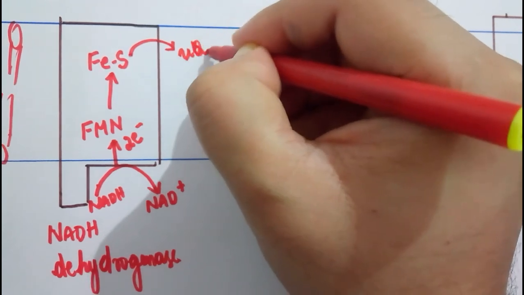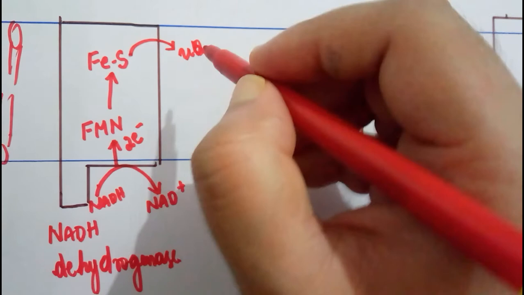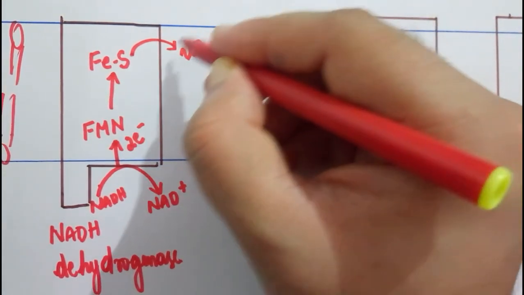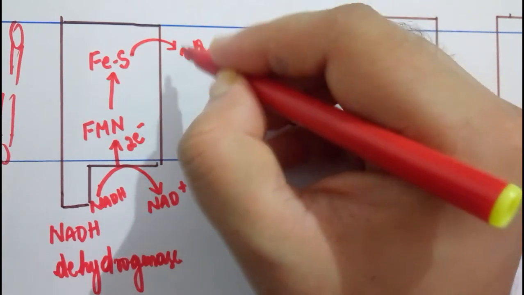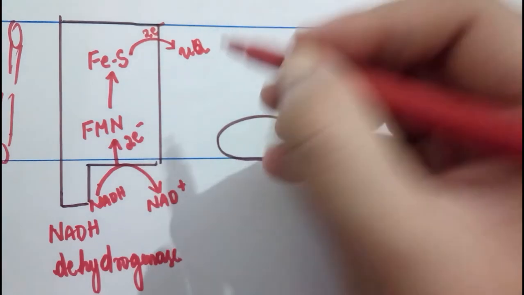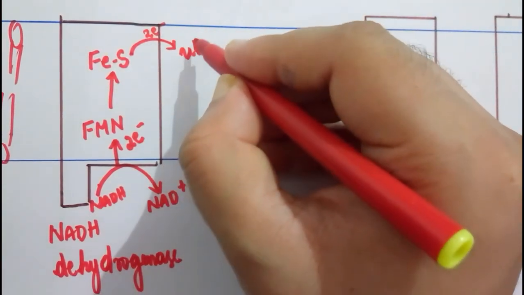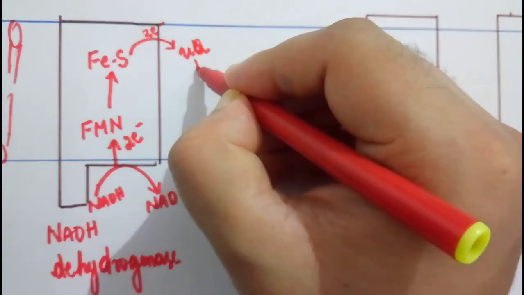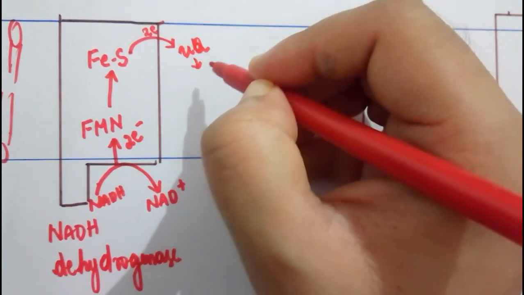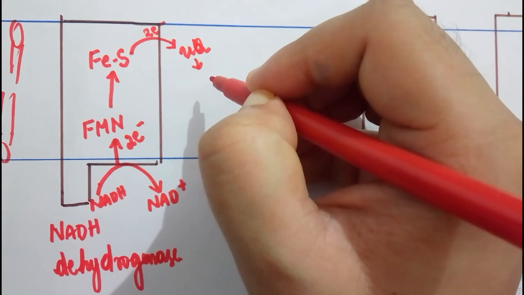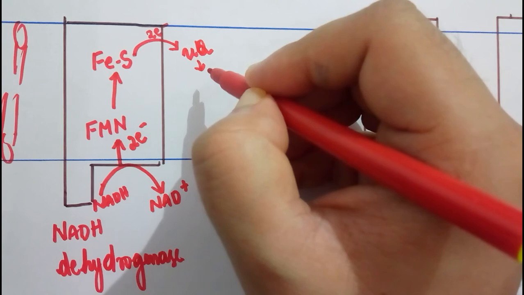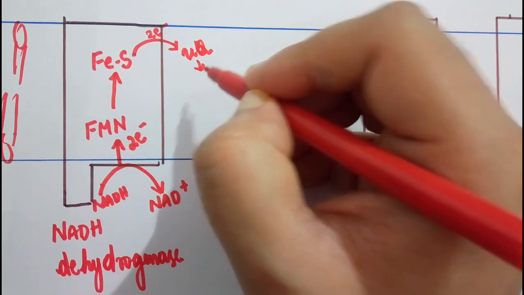I will write it in short as UQ; when I'm writing the theory, I'll show you what it is. Before accepting the electrons, ubiquinone is in the oxidized form. After accepting the electrons, it gets converted into ubiquinol.